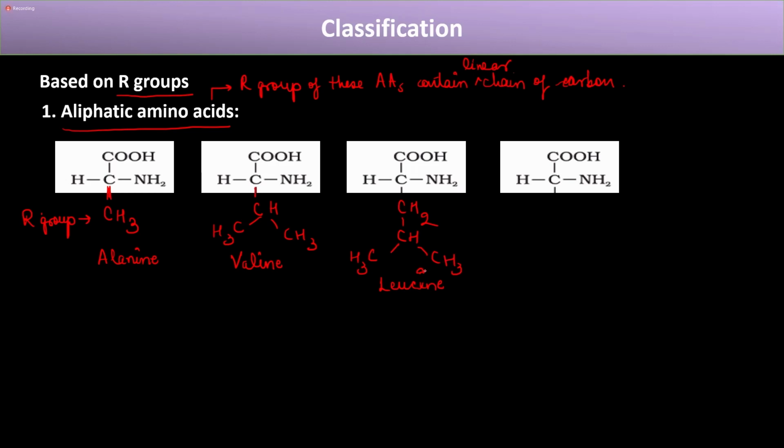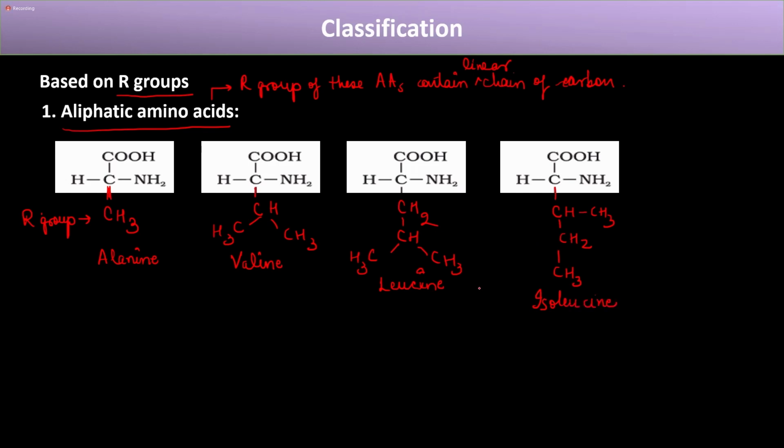We know isomers have a different structural arrangement but the same chemical formula. So there will be isoleucine, which has the structure of CH, CH3. It has the same chemical formula as leucine, but a different structural arrangement. This amino acid is known as isoleucine.